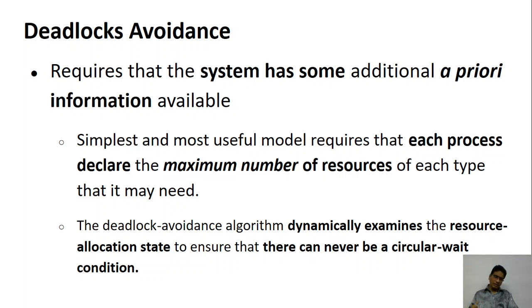Or if that resource is already given to some other process, once that process completes, I can take it back and give it to the particular process. So in avoidance, the system will dynamically check all the resources and the state of all the allocations it has done, and it will see to it that the circular wait condition is not satisfied.